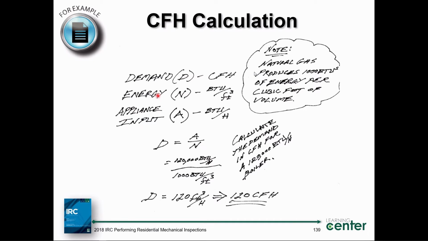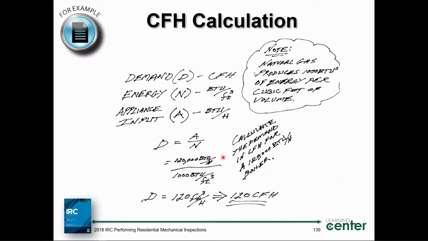We normalize the gas, right? We say that natural gas produces 1,000 BTUs of energy per cubic foot of volume, right? So I take the appliance input rating, ladies and gentlemen, I divide it by the amount of energy produced from 1 cubic foot of natural gas. Take a look at this. I wanted to show you how the units cancel out.